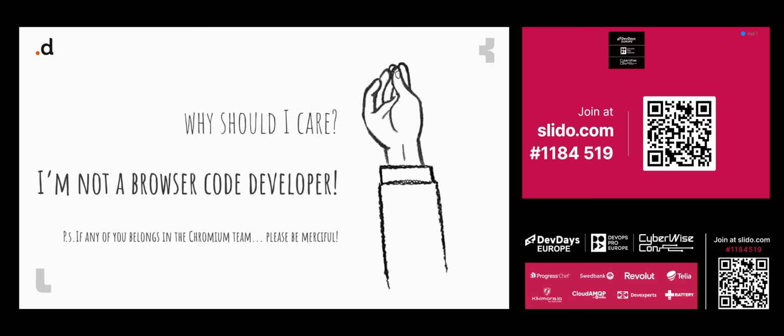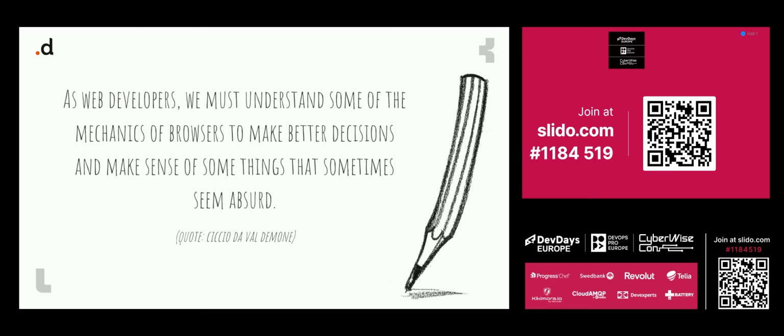A little disclaimer: if any of you are from the Chromium team, for example, please be merciful. I'm trying to understand better how a browser works. But it's not a problem. As web developers, we must understand some of the mechanics of browsers to make better decisions and make sense of some things that sometimes seem absurd.